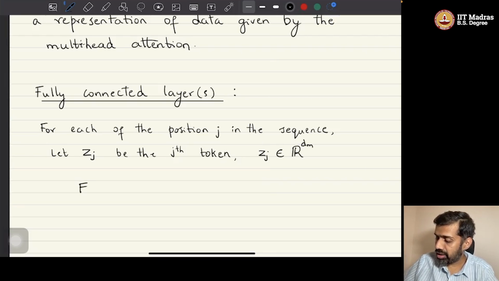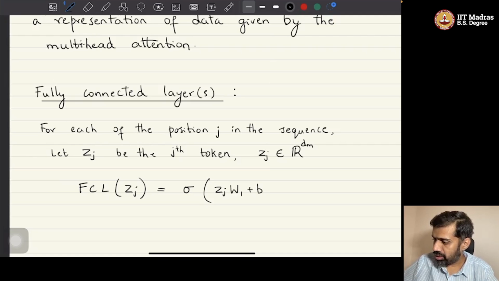So a fully connected network or layer, let's call this FCL for fully connected layer, that is operating on zj is defined as some nonlinearity, let's call it sigma, applied to zj times W1 plus some bias b1, and multiply that with some W2 and add b2.